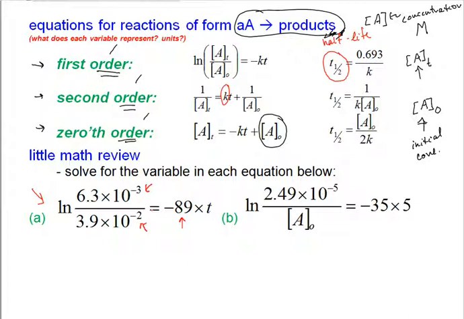Then divide it by the negative 89. So when you look at these, have a picture of what to do on your calculator before you start plugging stuff in, before you see the whole route of how to solve for t. Otherwise, you might do something in the wrong order. So find what's on the ln side first. Divide these two, hit equals, take the natural log, divide by negative 89. You should have your answer. Okay?